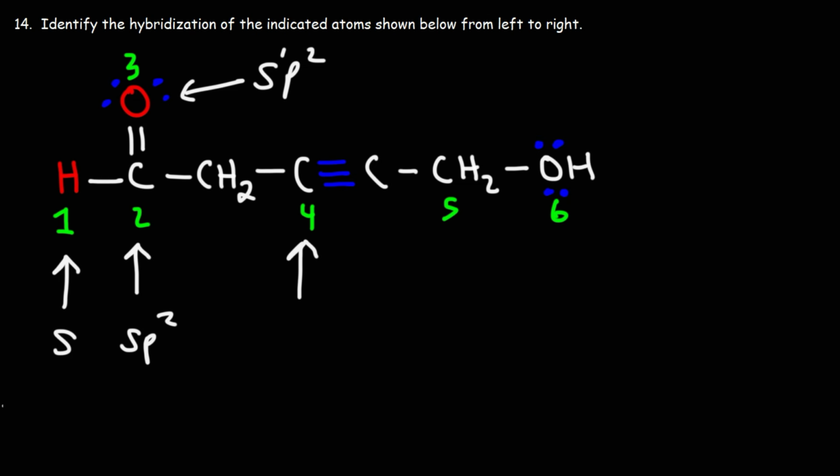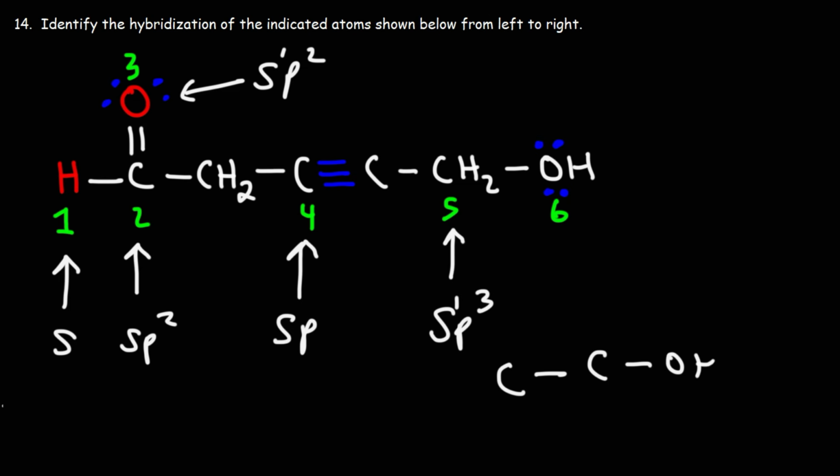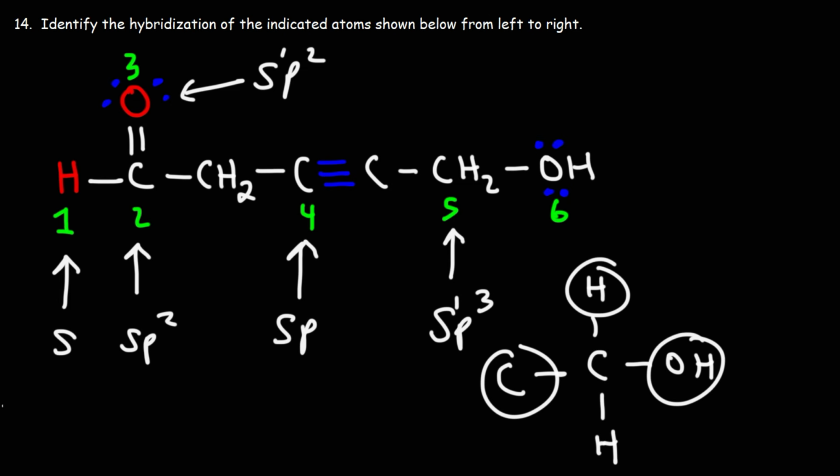Now the triple bonded carbon atom, that has 2 bonds. I said binds. It has 2 bonds, so it's going to be sp hybridized. The CH2 carbon has no pi bonds, so it's going to be sp3 hybridized. If you draw it out, the carbon is attached to the triple bonded carbon, the OH group, and it has 2 hydrogen atoms, so it has 4 groups. 1, 2, 3, 4.